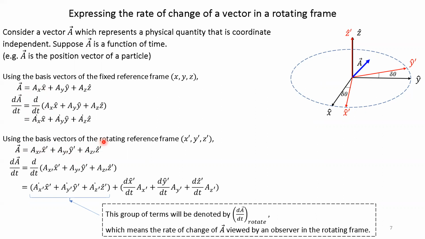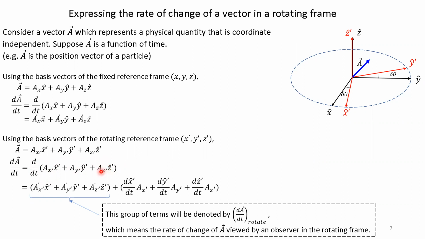Now if I take the time derivatives, this time we need to be very careful, because the basis vectors themselves are also functions of time due to the rotation omega. So when I take the time derivatives, for the first term I need to use the product rule, for the second term I also need the product rule, and for the third term as well.